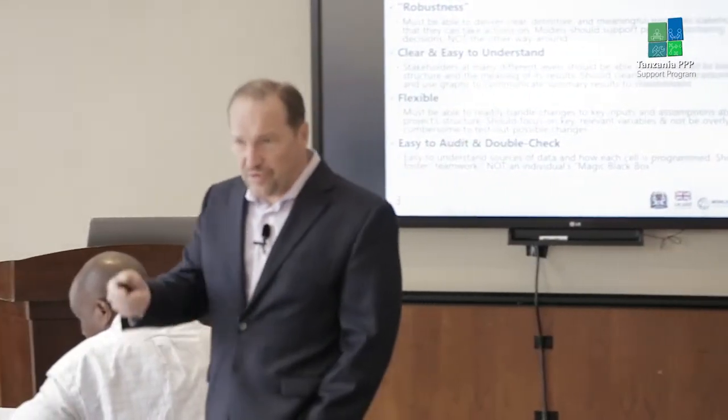It should be clear and easy to understand. This is where I oftentimes see models fall short. And I will tell you, now that you've done reviewing of models and some of your own programming as well, some modelers can make their models difficult to understand on purpose.